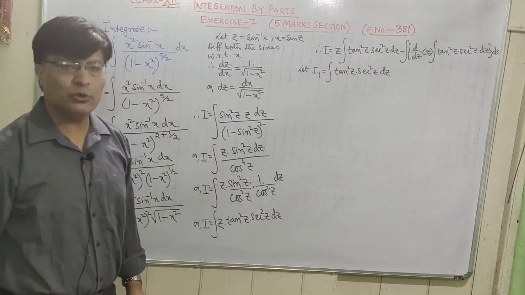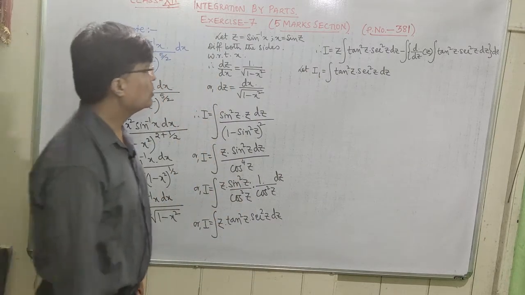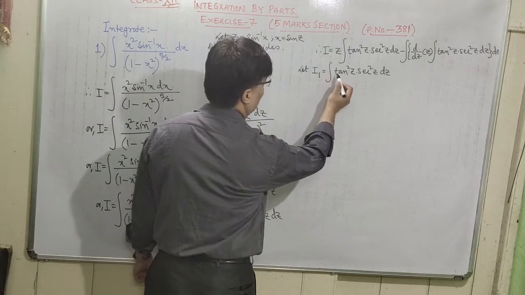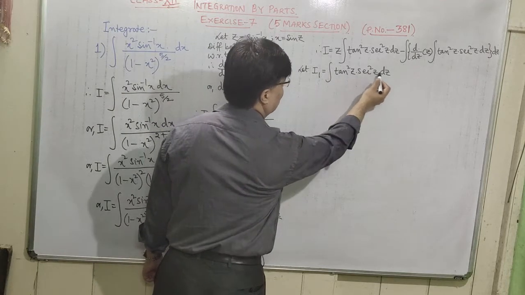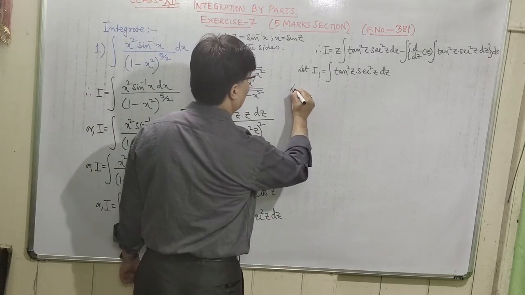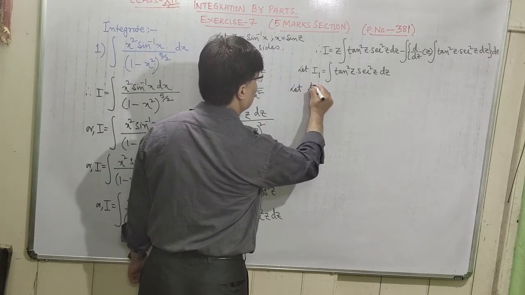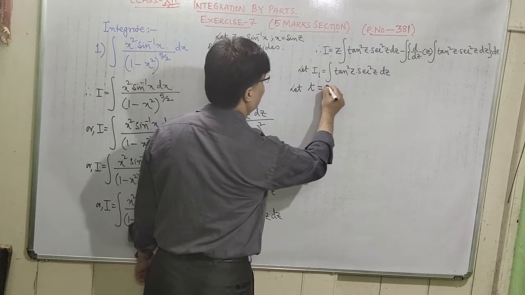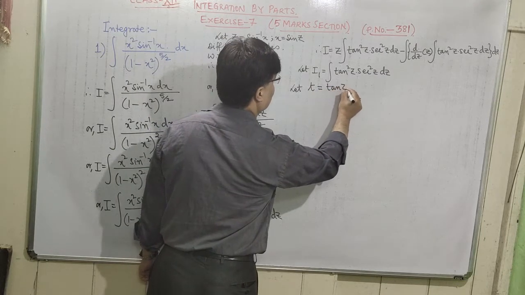So how can you evaluate this integration? You know that differentiation of tan z is sec square z, isn't it? So you can do the method of substitution in this case. Let us write t is equal to tan z, the new variable.